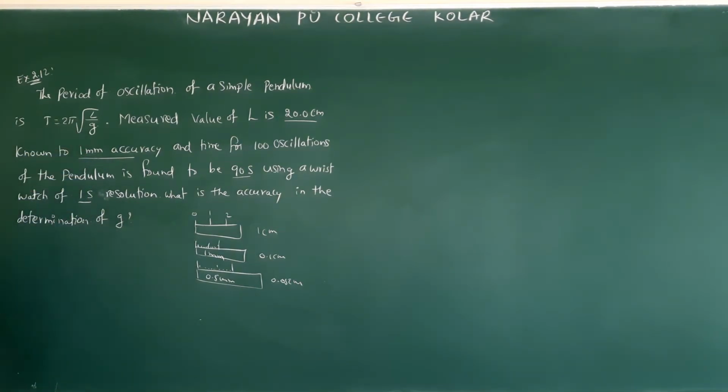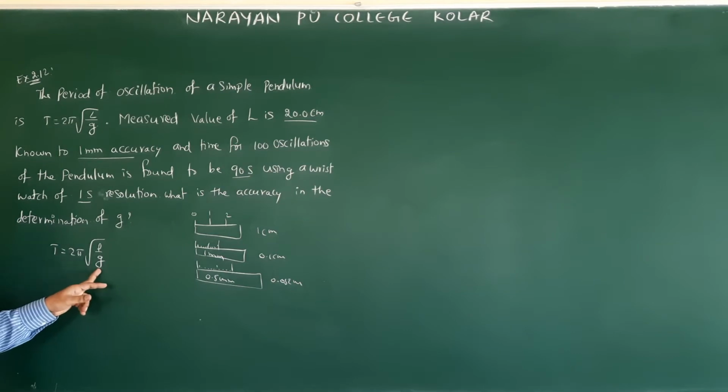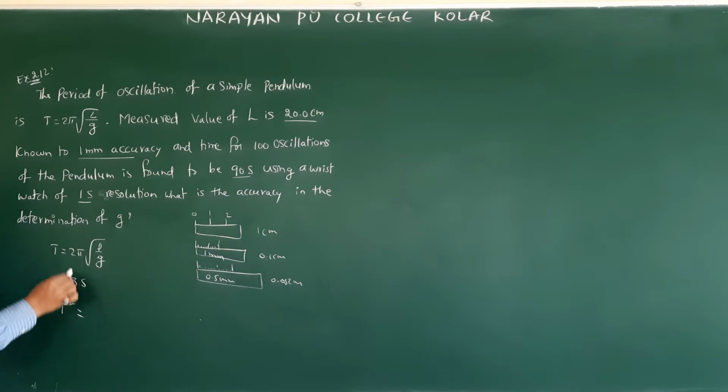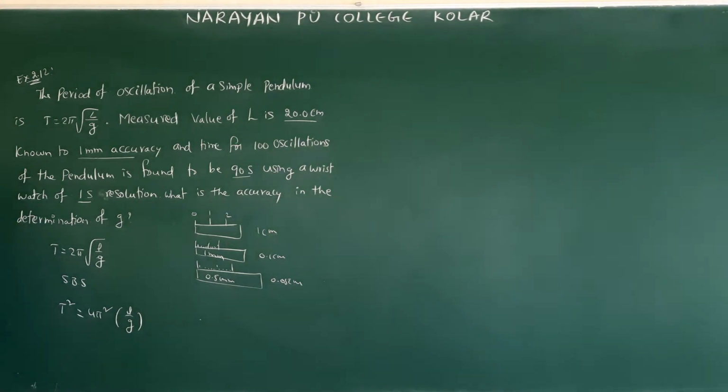So from this equation, T is equal to 2 pi root L by g, we have to find g. So we should bring this one to this side. Squaring on both sides, because we have to eliminate this root. T square equals 2 pi whole square, 4 pi square L by g.